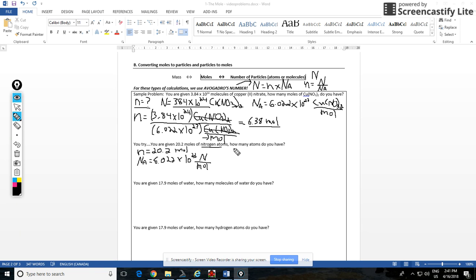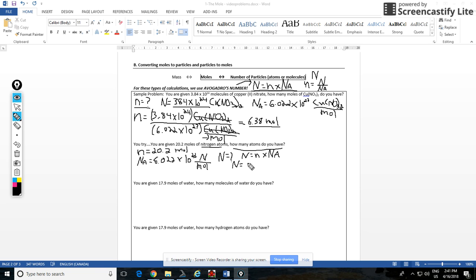And what I'm being asked for is how many atoms are there? I'm being asked for big N, for the number of particles. And so you can use your equation that you have up here. Big N is equal to little n times Avogadro's number. You can plug those numbers into your equation.